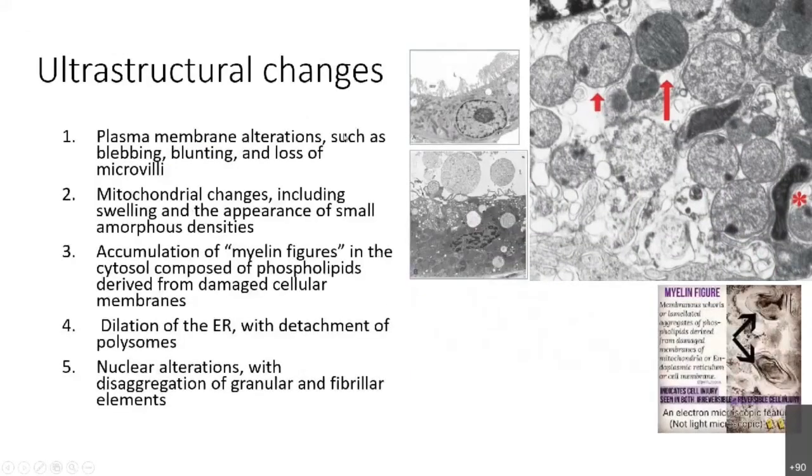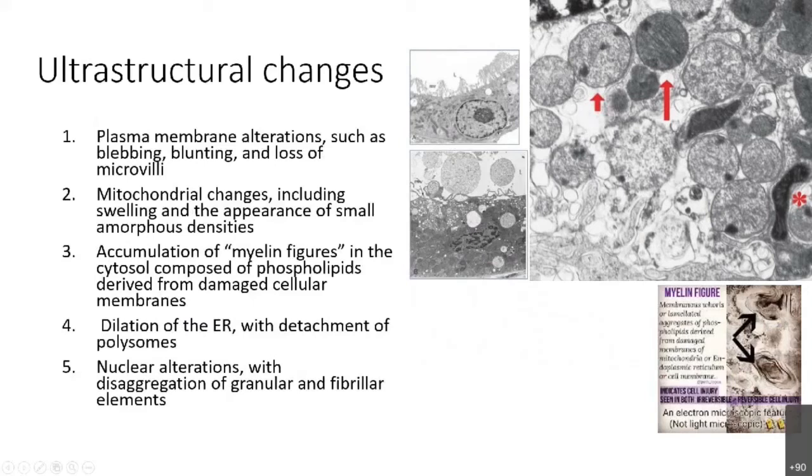Now, what are the ultrastructural changes? Ultrastructural changes are changes which we see in electron microscopy and not in routine microscopy. I have spoken about plasma membrane alterations such as blebbing. You can see these are the normal microvilli, while here the microvilli are completely blunted and there's formation of blebs. So this is a part of reversible injury.